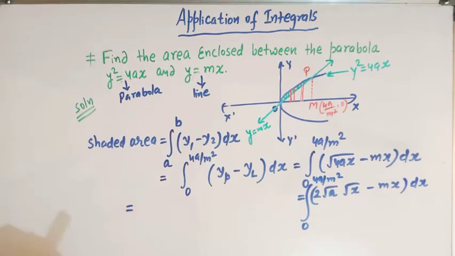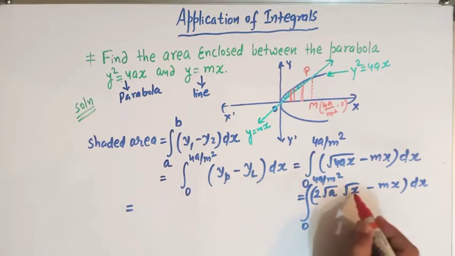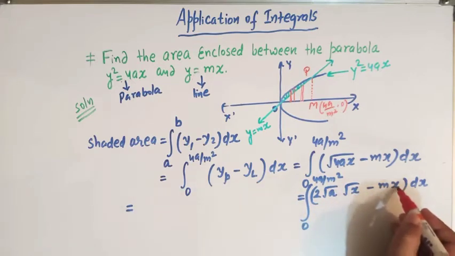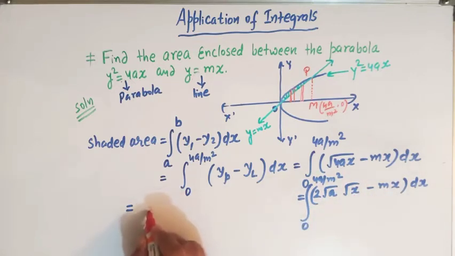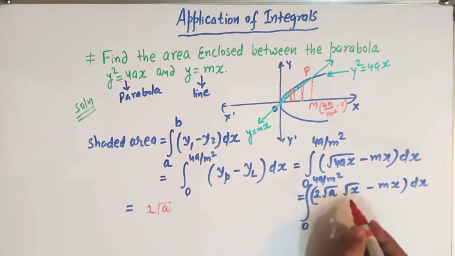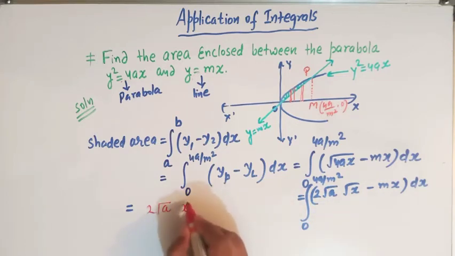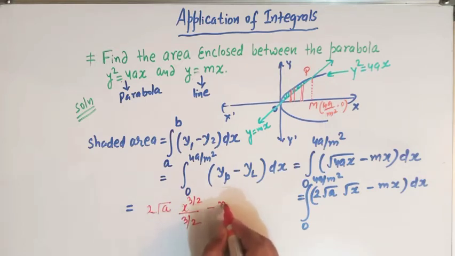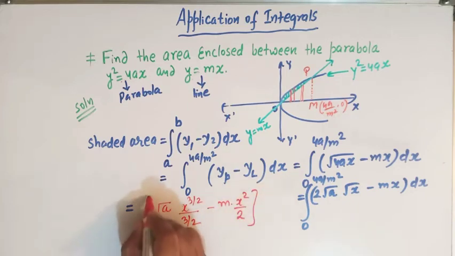Now if we calculate the integral of square root of x and x, here we have 2 times square root of a, and this is x raised to 3 by 2 divided by 3 by 2, and minus m times x square by 2, right?